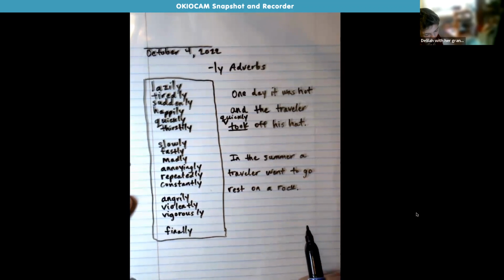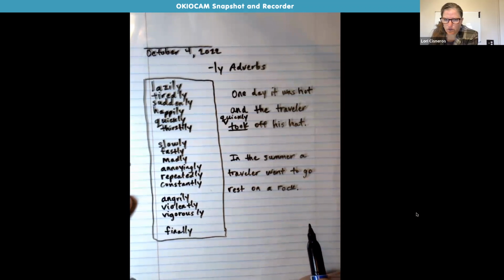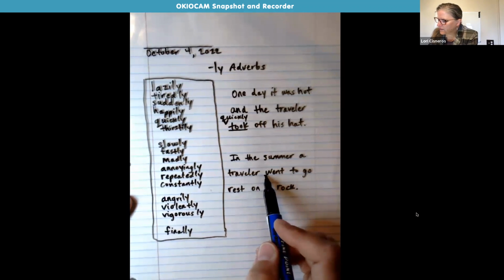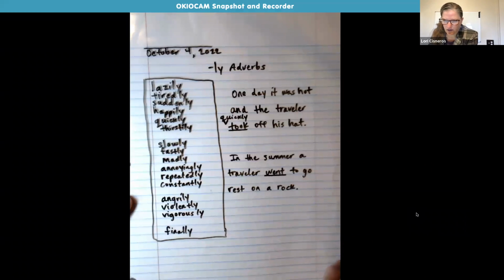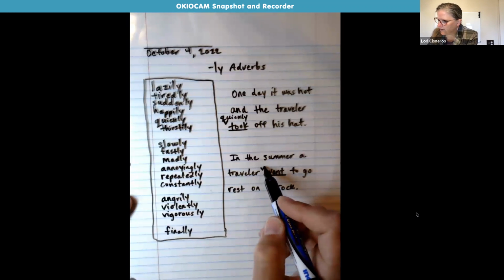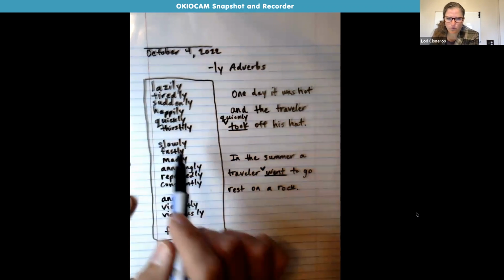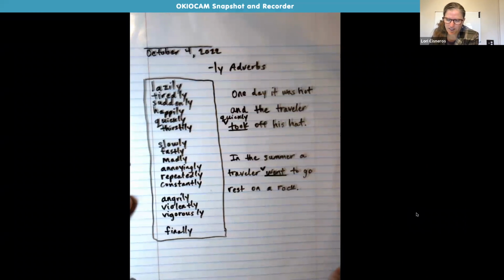Go ahead and write that down, you guys, on your notes. This is another example sentence here. And the verb in this sentence is went, right? He went to go rest on a rock. So now this is where we're going to plug in an ly adverb. And we're still using this top group of ly words.